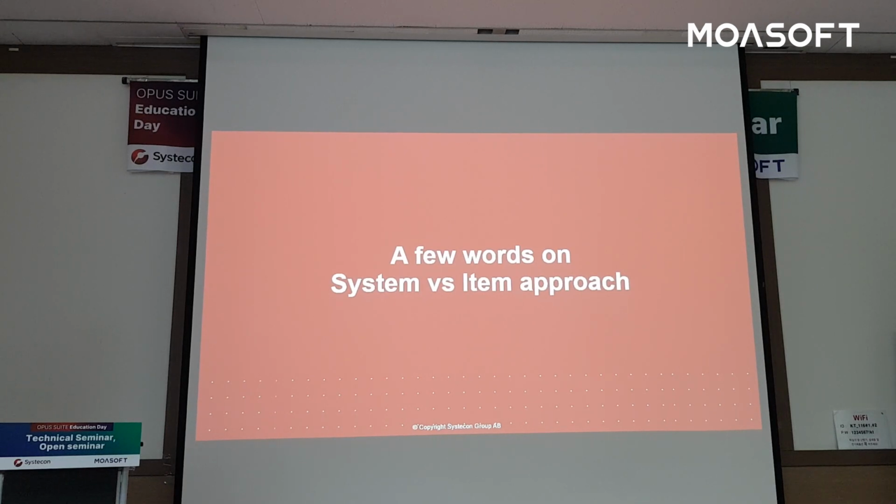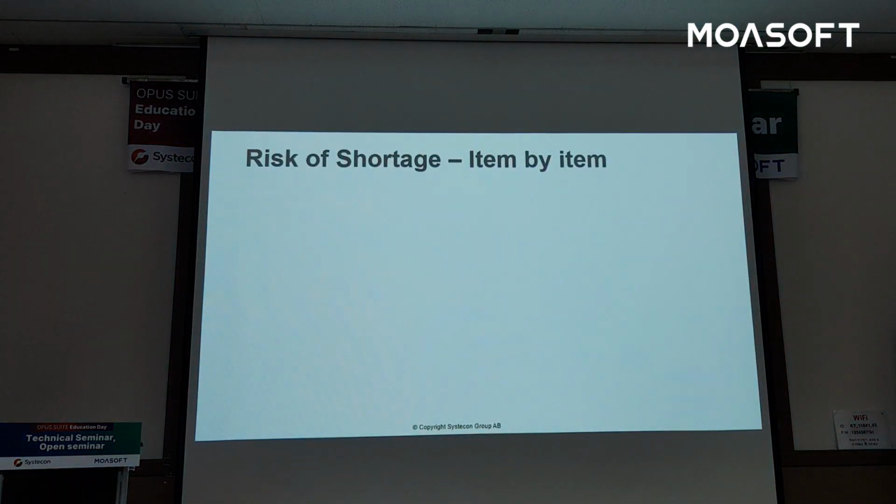And I just want to spend a few minutes on explaining why we think it's so important with this system approach rather than looking at item by item. Okay? So when people use this item by item method, they often start from the risk of shortage for an item.